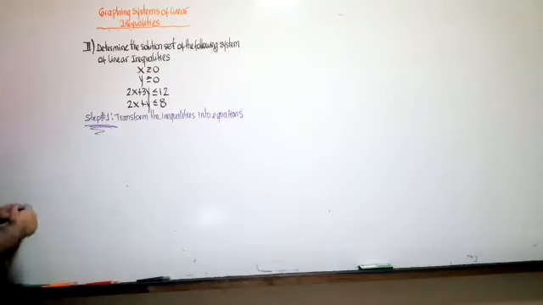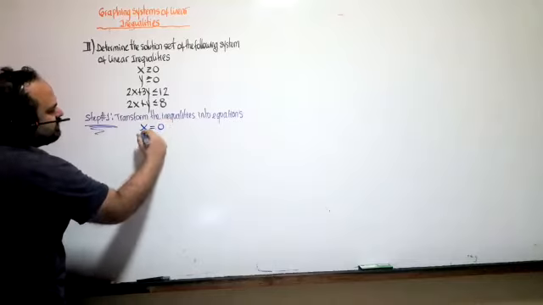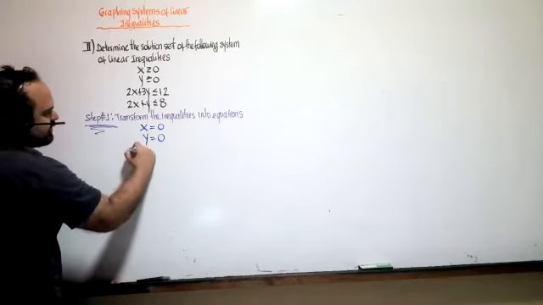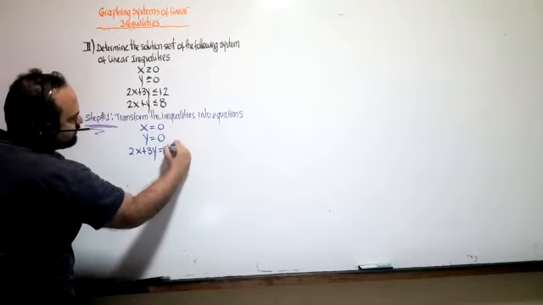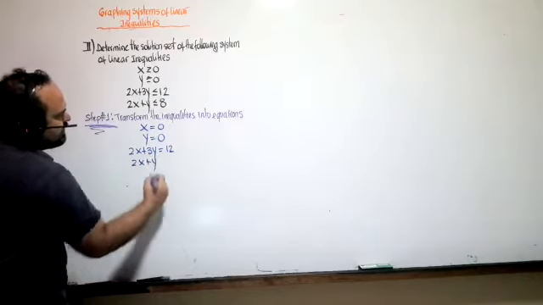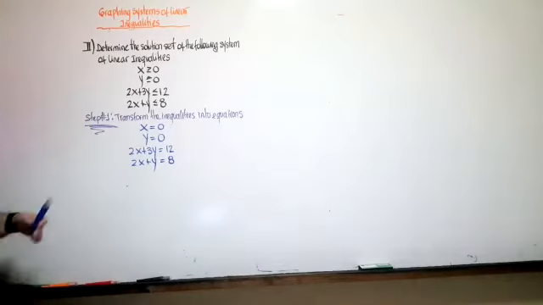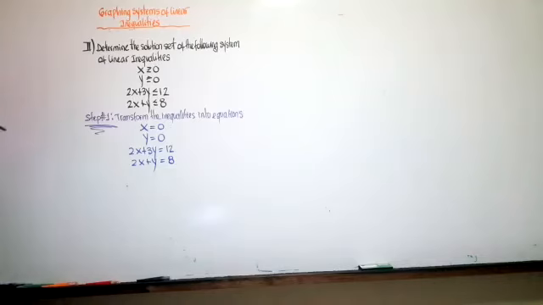Well, I have to tell you, in this case, we're talking about x equals 0, y equals 0, and 2x plus 3y equals 12, and 2x plus y equals 8. Okay, this is going to be step number one.